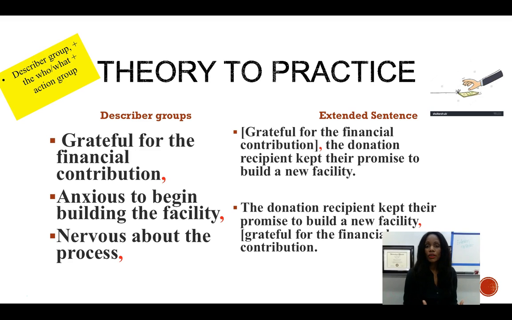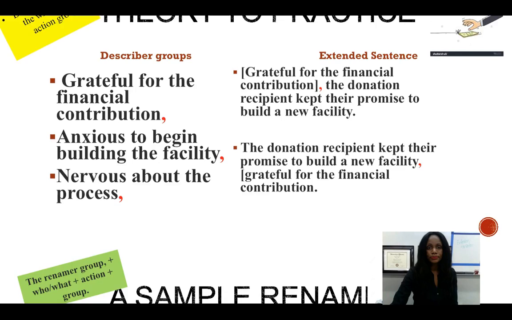Depending on your style, you may want to put this at the beginning or the end of your sentence, and maybe if you used the describer group at the beginning of a sentence prior to this one, now you want to put it at the end. In yellow, I have the formula in case you're interested, which is the describer group, followed by a comma, the who or what, plus the action group. So this is what it looks like all together.